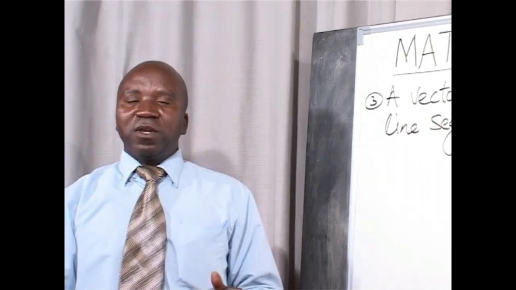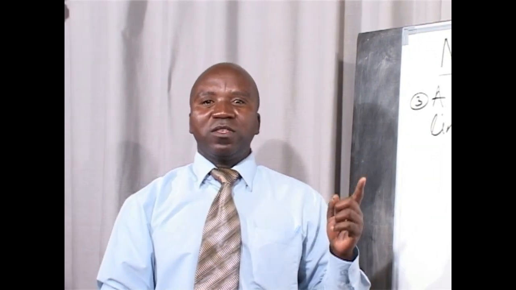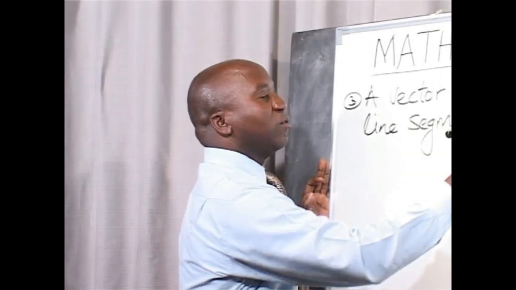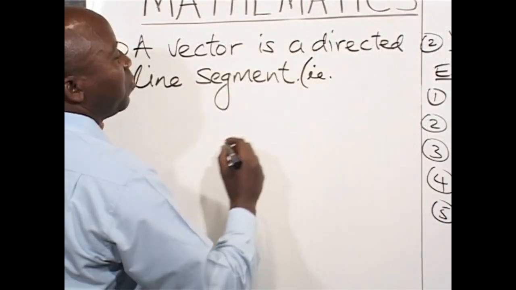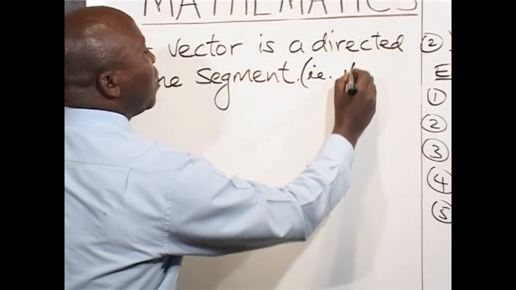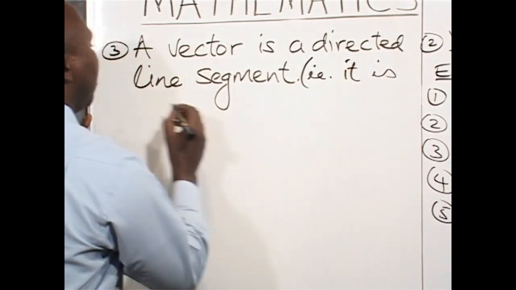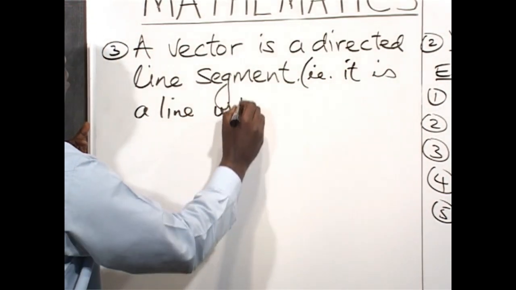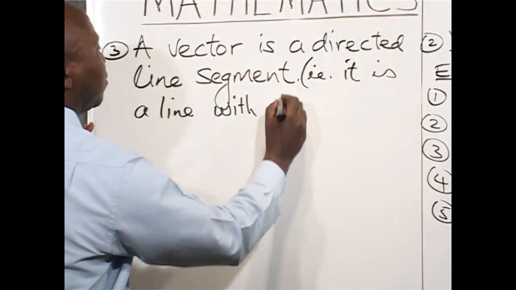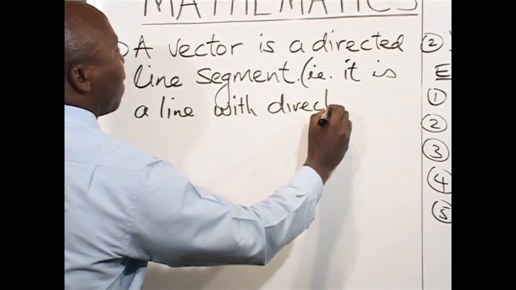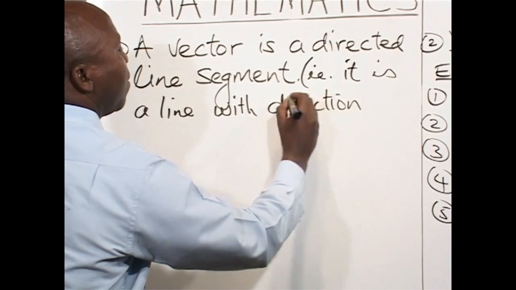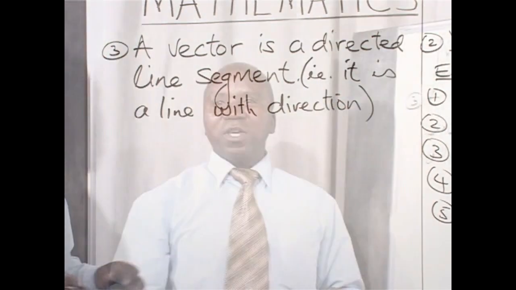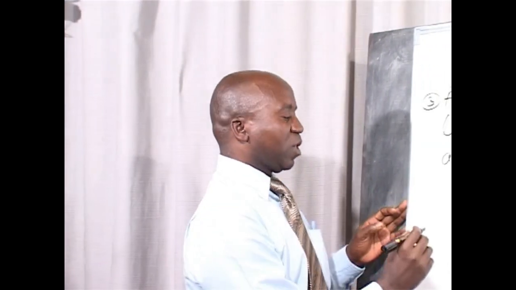What do we mean? It is just a line with direction. So this directed line segment simply means it is a line with direction. So in our topic, when you see a diagram, a line given direction, that will show that it is a vector.